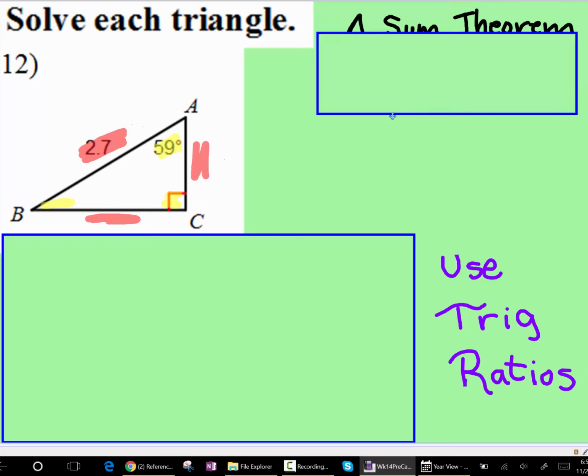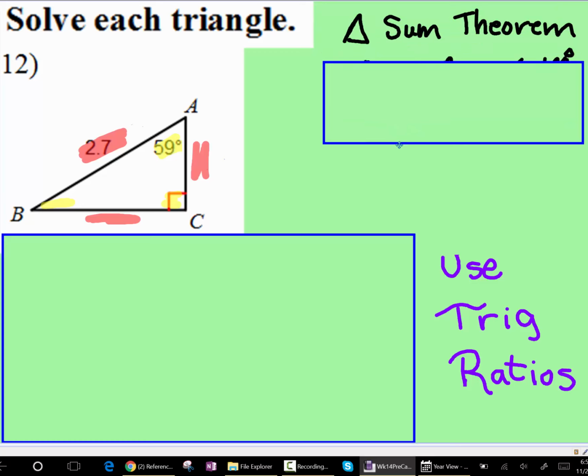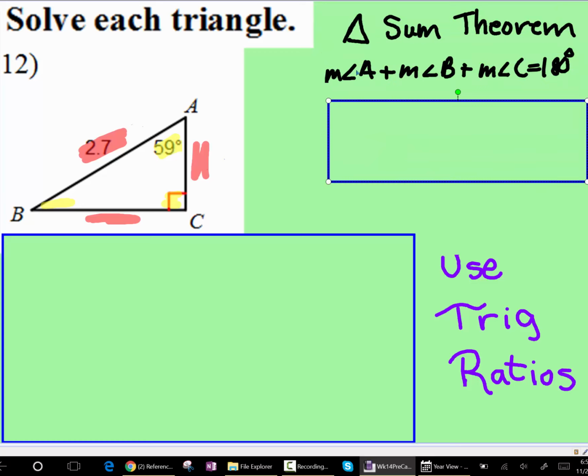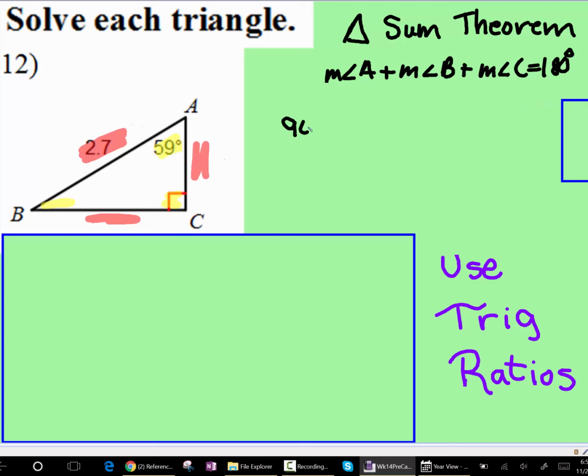One of the things is the triangle sum theorem, where the three angles of the triangle add up to 180 degrees. So if you know that, right here, this is a perfect example. How many degrees are in a right angle? Yep, 90 degrees. So you have 90 degrees plus 59 degrees plus another angle, I'll call it theta.